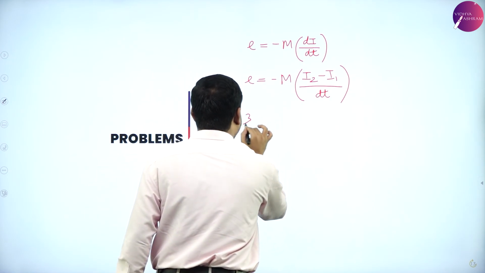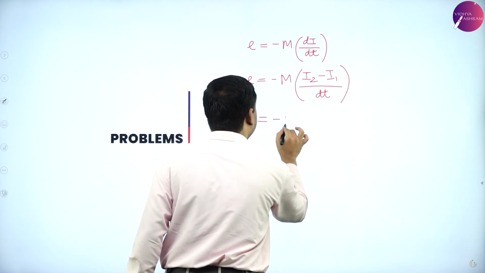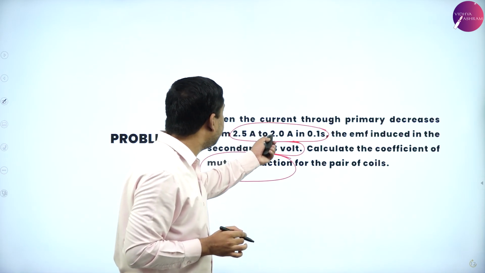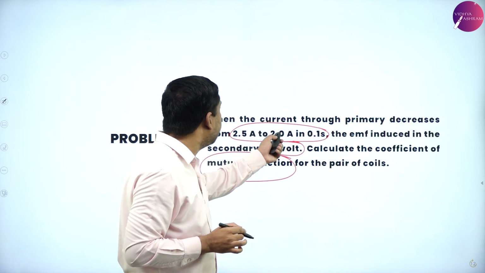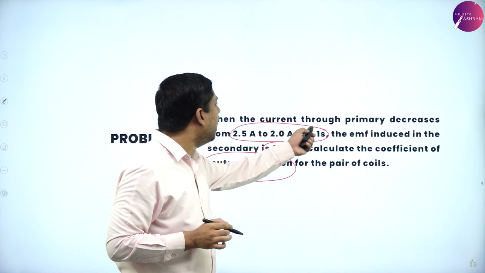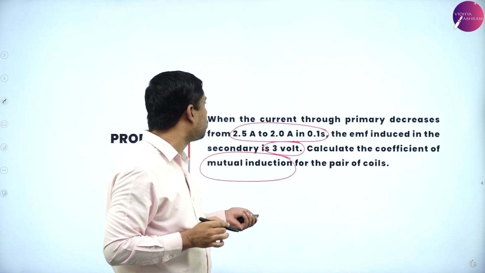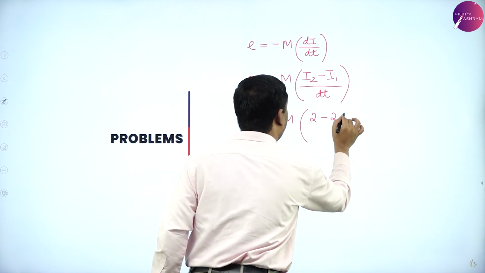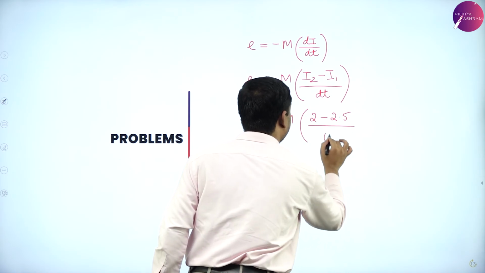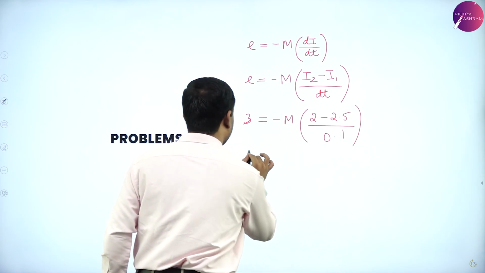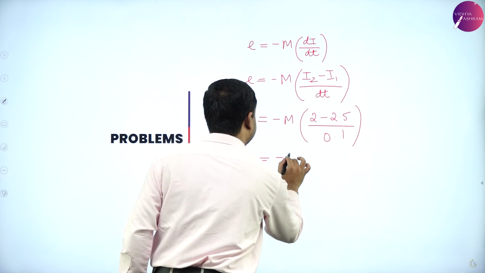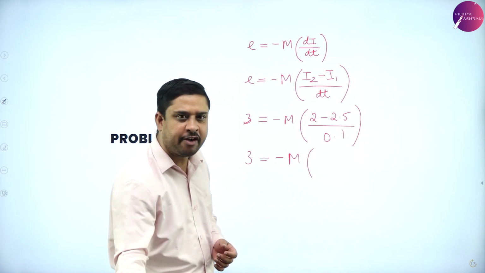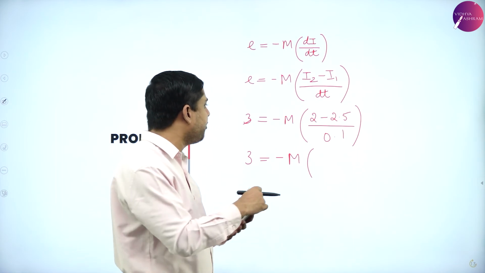So now E is 3 volts, I1 is 2.5, I2 is 2, time interval is 0.1. So 3 equals minus M into (2 minus 2.5) by 0.1, that is minus 0.5.